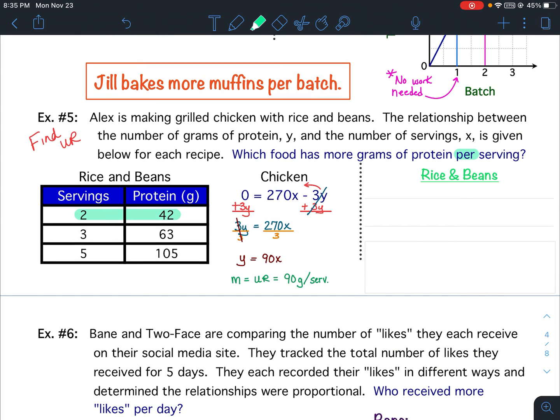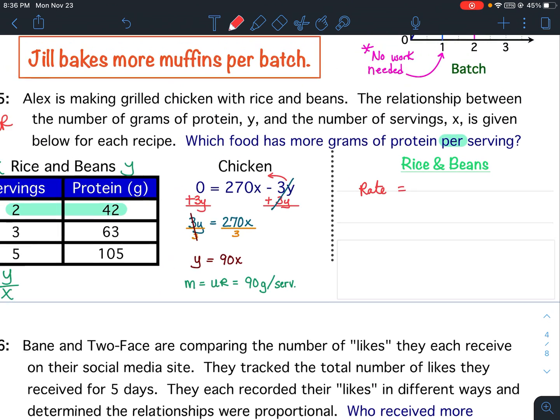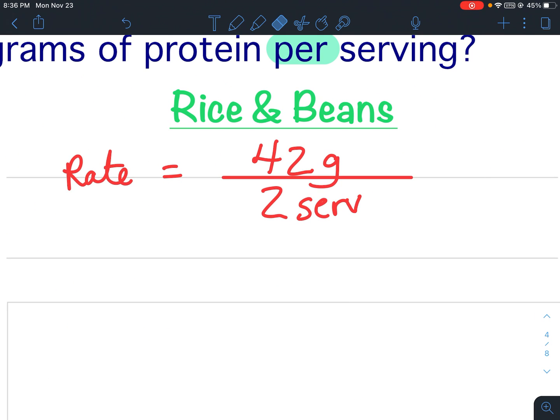And I'm going to set up a rate. Now remember, this is your X column, this is your Y column, and rates are always Y over X. The rate is going to be Y over X. So for the rice and beans, my rate is the Y, which is 42 grams, over the X, which is 2 servings.